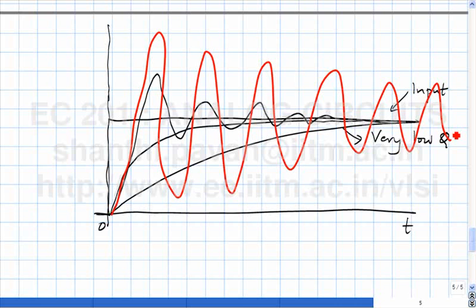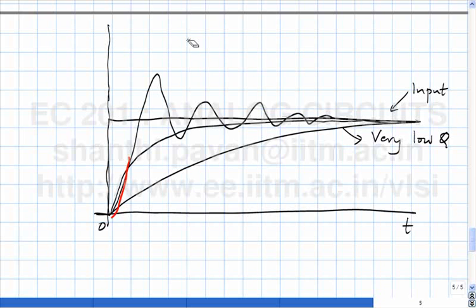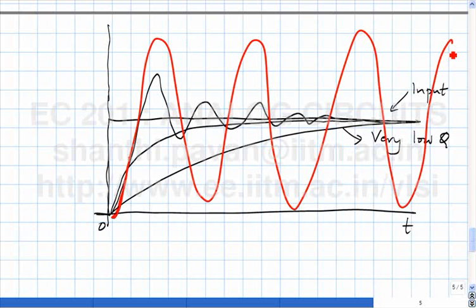The question now is, do you want to have a large Q or a small Q? A very high Q is certainly not something that you want, because the amplifier keeps ringing forever. If Q becomes infinite, for example, it will keep doing this.